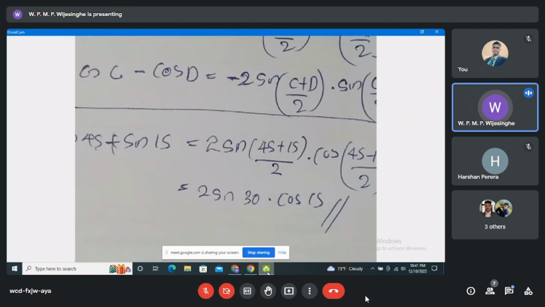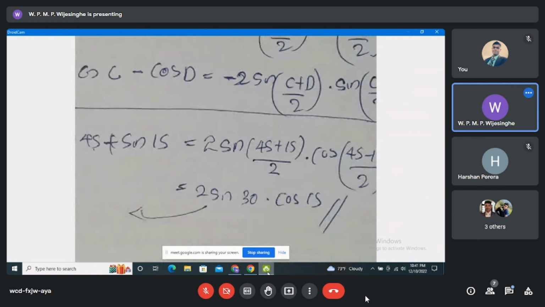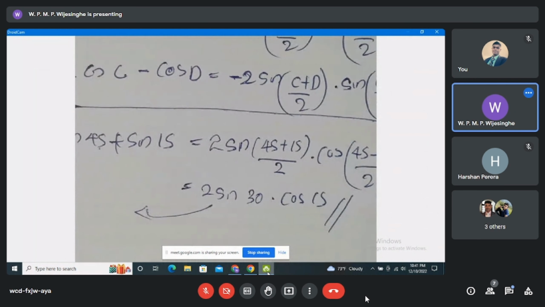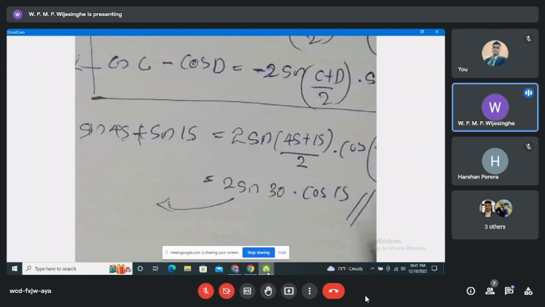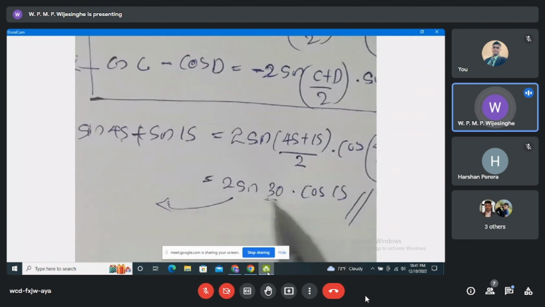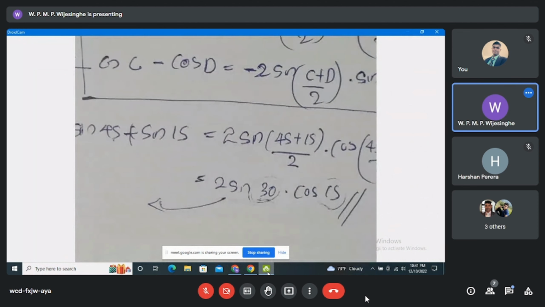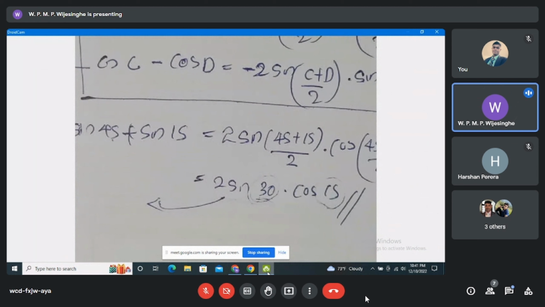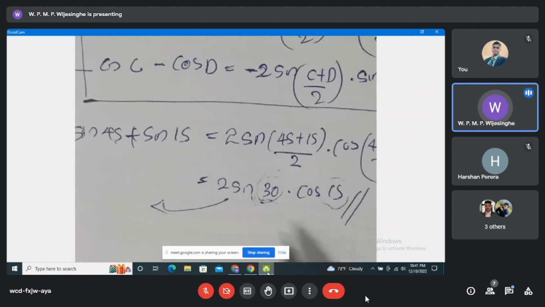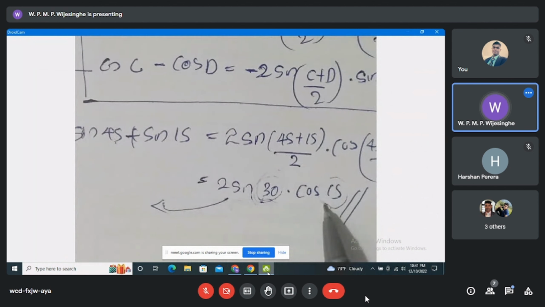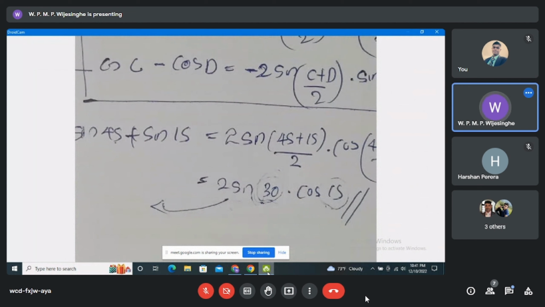Okay, let's go in reverse to this side. How? We can see that here sin is the larger one, cos is the minor one. Then it should be the summation of sin and cos, so summation of sines, right?